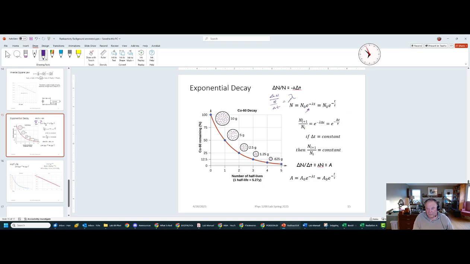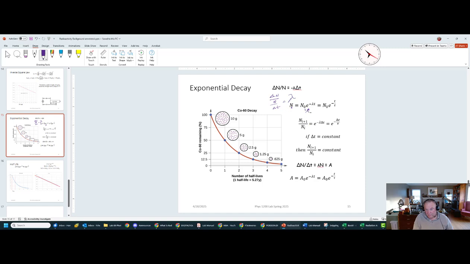So anyways, if you think about it for a minute, the number that is going to be there after a tick of the clock, so that's this N here, and I divide by the starting number.